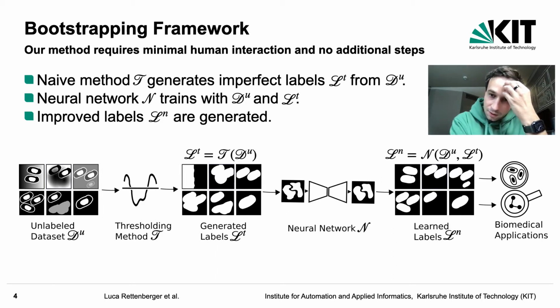Well, that is most probably the case, since the neural network is capable of learning relations and has the freedom to explore a bit more than just simple thresholding, since simple thresholding just can't capture relationships in the images. It's just a thresholding value.